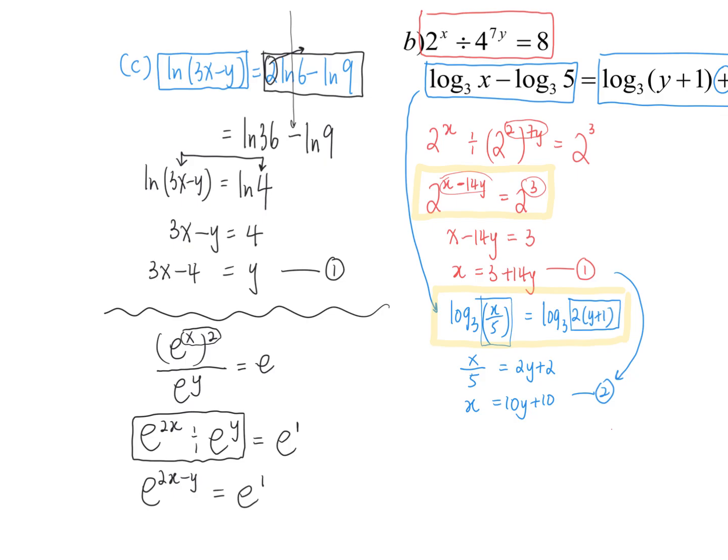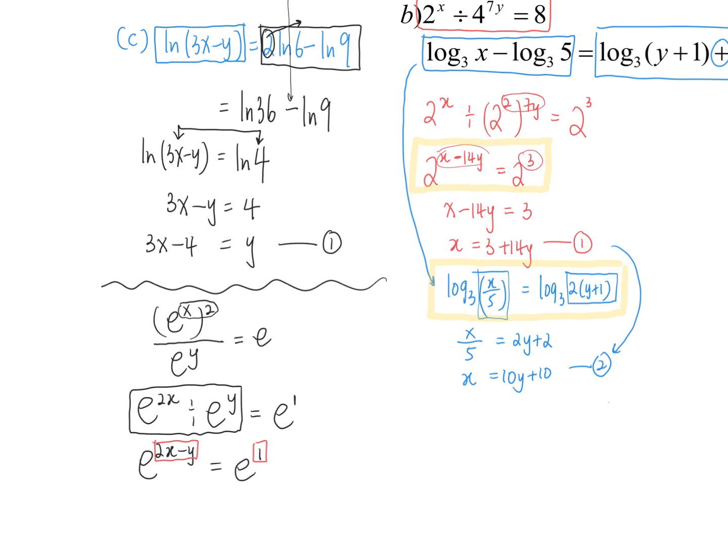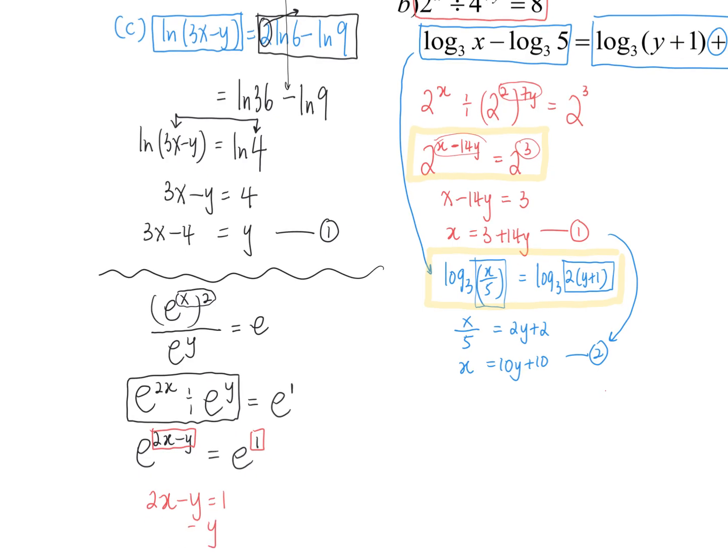This is e to the power of 1. Since both are base e, I can compare the power. So my equation is this one, my equation 2. Then I leave you to solve the simultaneous equations. The difficulty is just getting those 2 equations out. The rest is normal simultaneous equation solving.